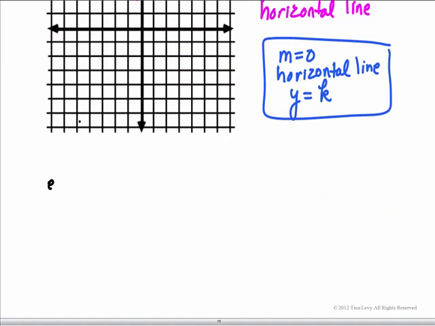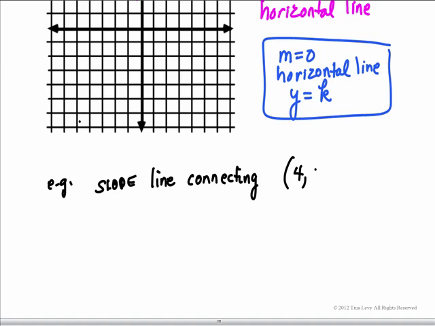Suppose I ask you to get the slope of the line connecting 2 points, and the 2 points now will be 4, negative 1, and 4, 5. We're going to get the slope, and the slope is the difference in the y's.